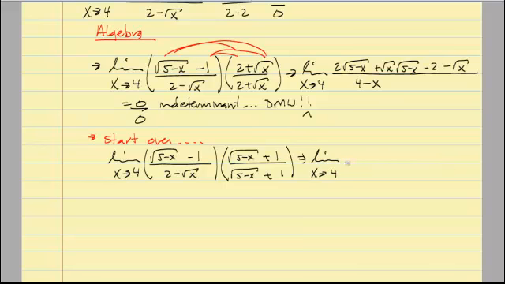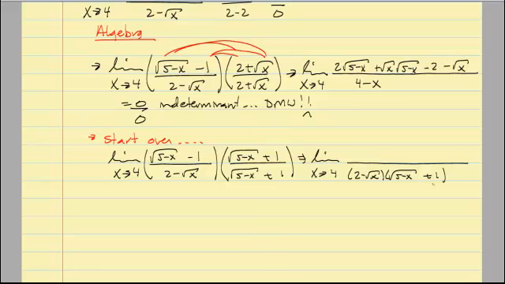So we're left with the limit as x approaches 4. What I don't want to do is FOIL out this denominator, because you can only cancel factors, so we want to leave it in factored form. So I have 2 minus root x, times the square root of 5 minus x, plus 1. And again, if I FOIL it out, things get more complicated, because I want to be able to cancel the factors, so I have to leave it in factored form.